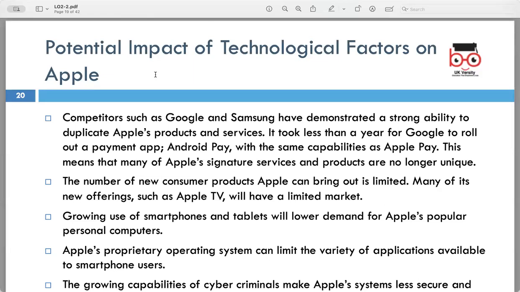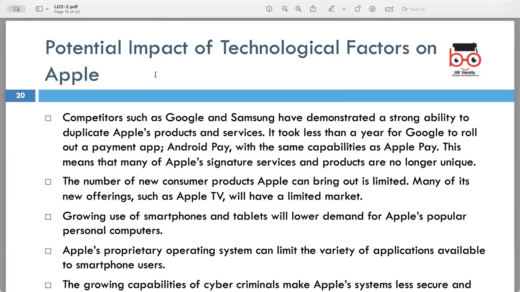Android Pay, which had the same features as Apple Pay, was released by Google in a period of time that was less than a year. This indicates that a significant number of Apple's distinctive services and products are no longer special in their own right.